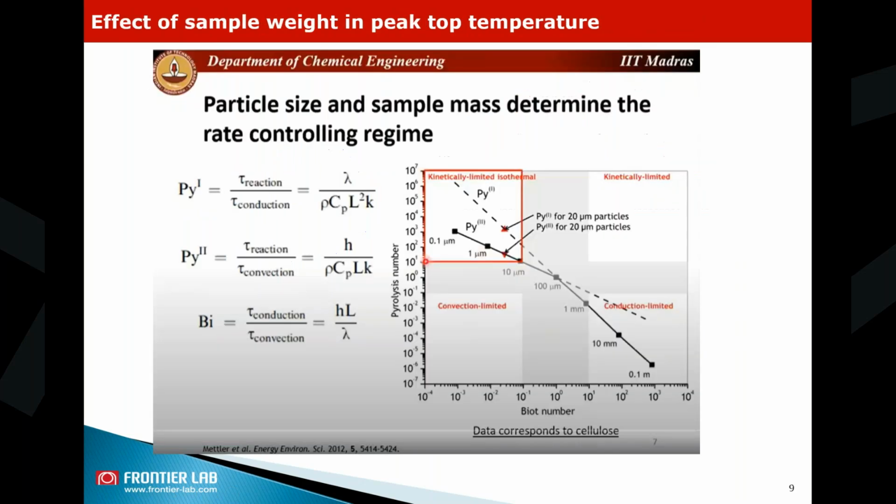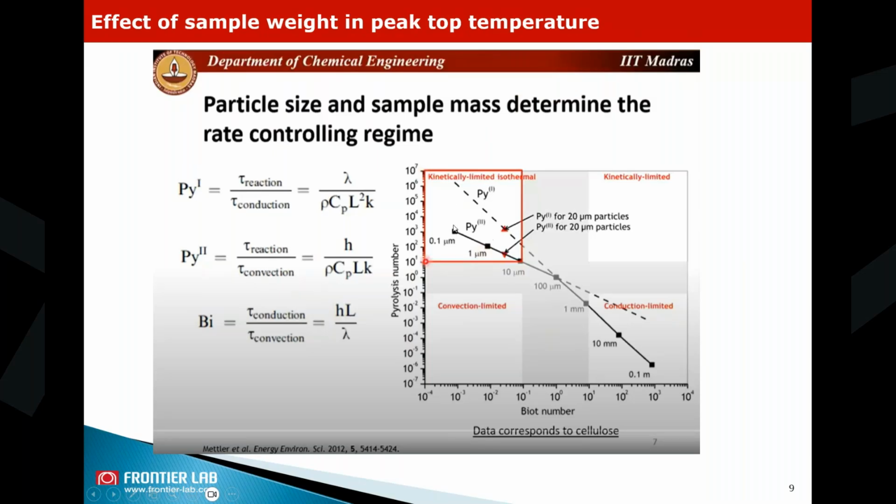The reason for this difference is basically due to the thermodynamics, okay, where the particle size and sample mass determine the rate controlling regime. So in an ideal situation, we want to use smaller mass and a smaller particle size. Okay, so that is what the Biot number versus the pyrolysis number shows.